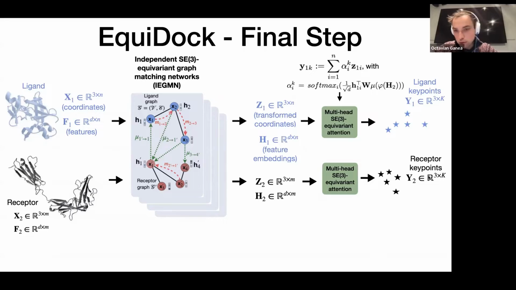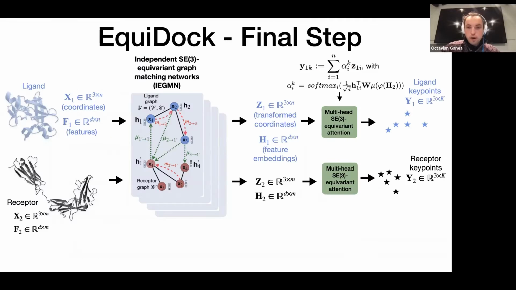This is handled by a particular instance of multi-head attention, which incorporates SST equivariance. It uses transformed coordinates as values, and the keys and queries are just based on transformed feature embeddings.